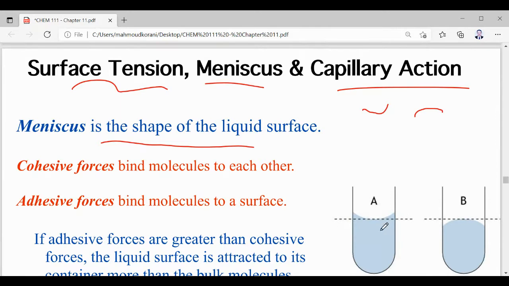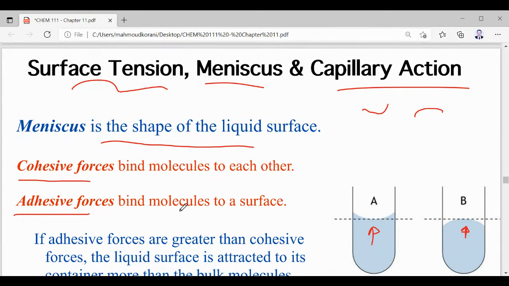The reason for the meniscus to be shaped one way or the other is two forces which compete with each other: the cohesive force and the adhesive force.